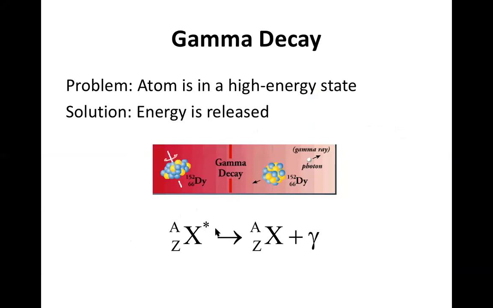And a gamma ray, a form of energy, is emitted in this process, and this is the symbol for the Greek letter gamma. The problem is that the atom is in this high energy state, and the solution is that energy is released. Notice the atomic number stays the same, the mass number stays the same. So this is arguably the easiest one to write out. You just need to know that gamma decay is this.